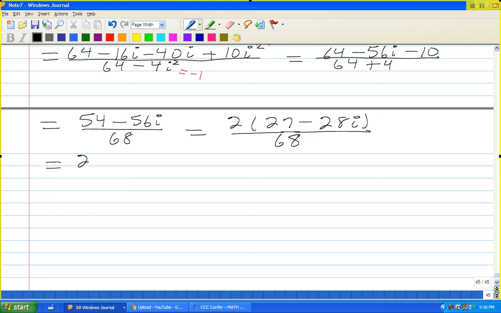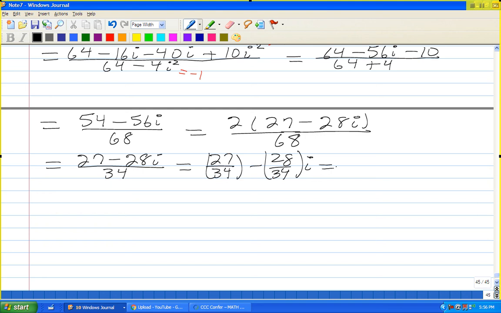Oh, and we want to write it this way as 27 over 34 minus 28 over 34i.